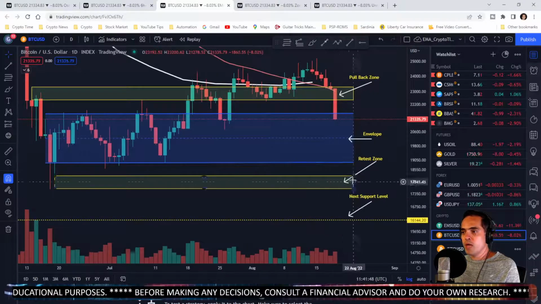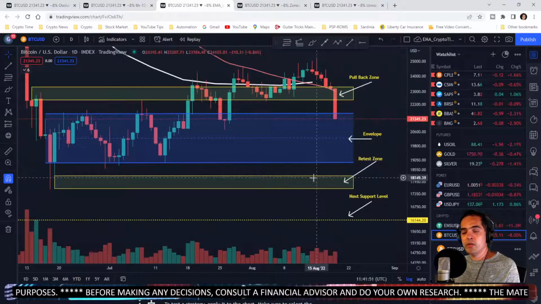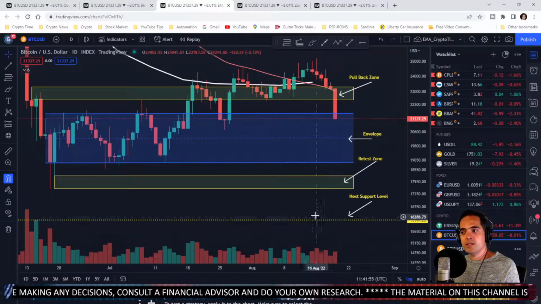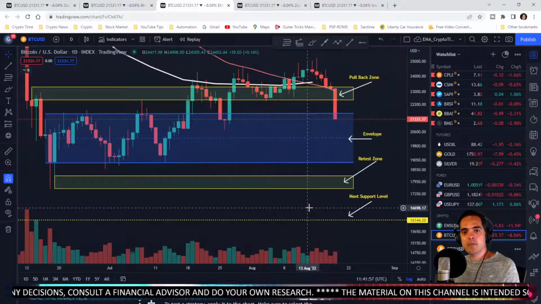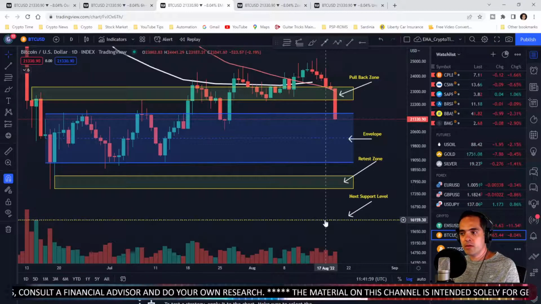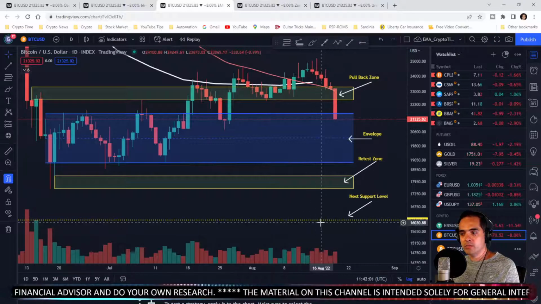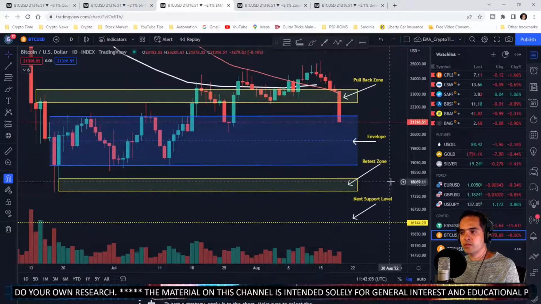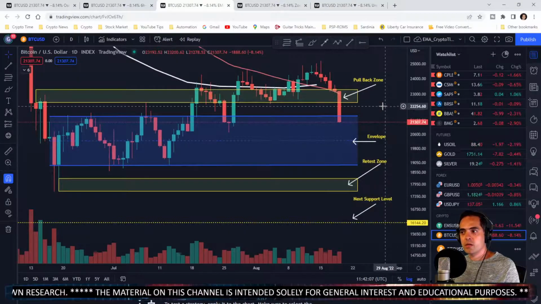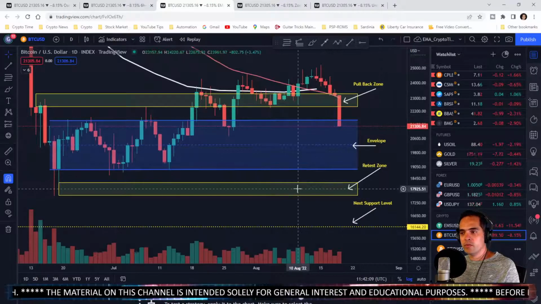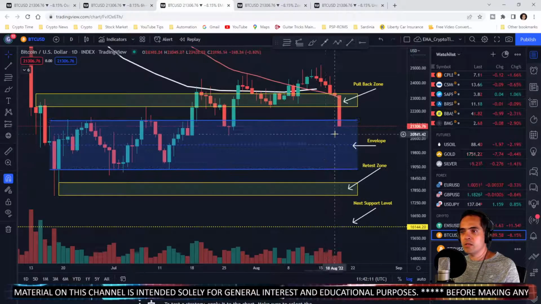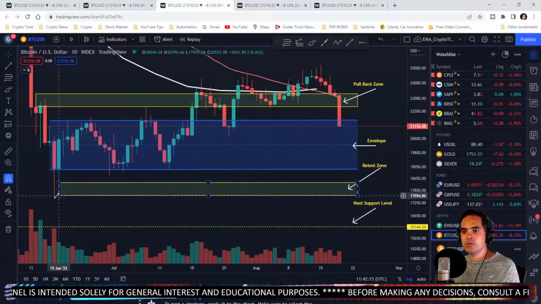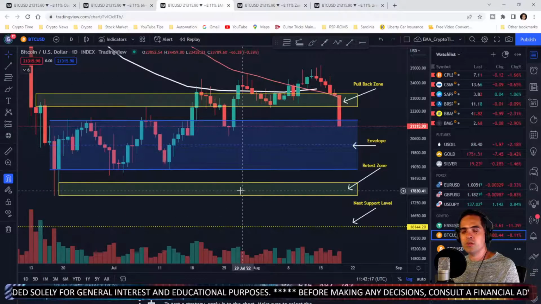All right. And if we go and change the chart, oh sorry, just before we change the chart here, we have the retest zone, and if you lose this zone, the next support level would be the 16K region or level. There's a yellow line here, just for reference. It's very likely we'll see the Bitcoin price going towards 17K once again.